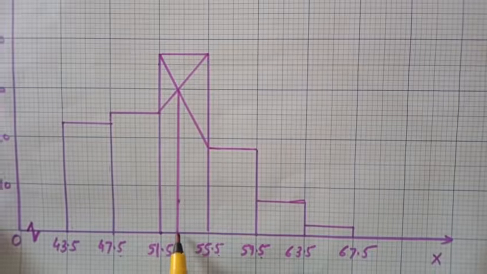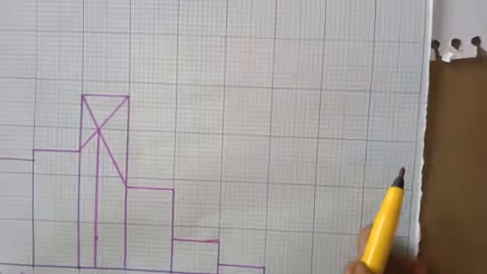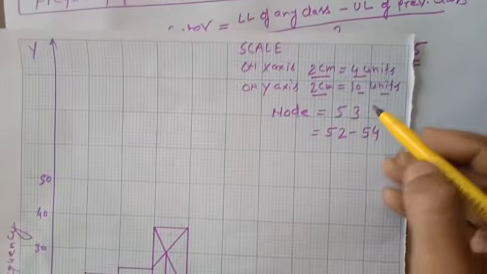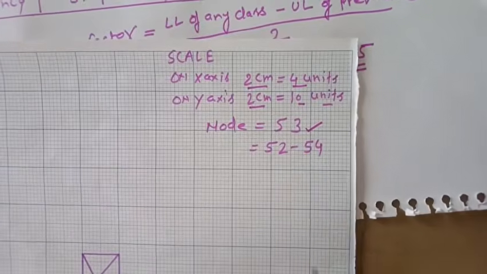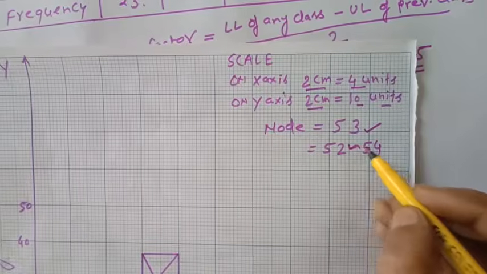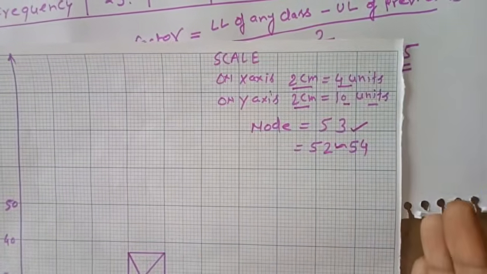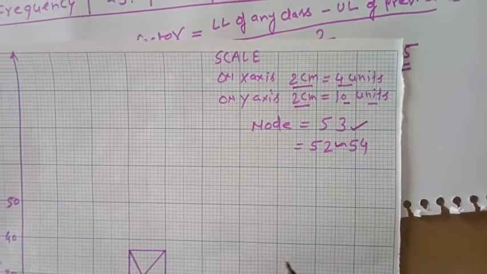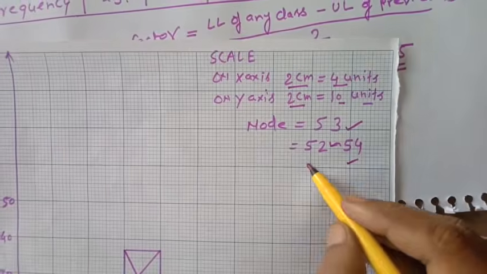Then we are a little ahead of that, so we can consider it as 53. We have taken the mode as 53. So it may vary from 53 to 54. It can be 52, 52.5, 53, 53.5 or 54. All will be taken as correct answers.